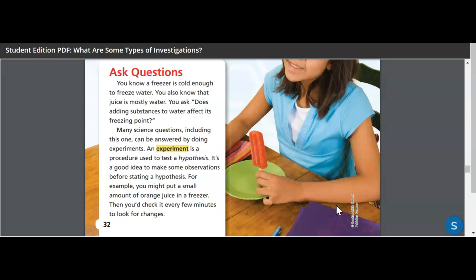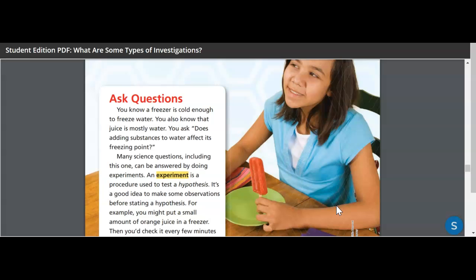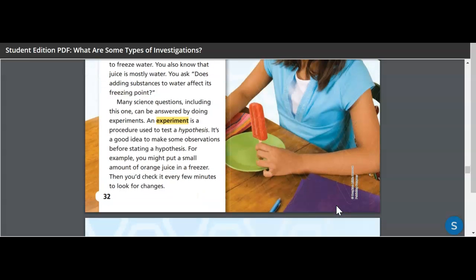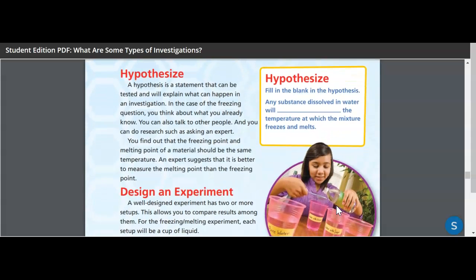So what this is doing is you're also pulling on prior information to see if what you're doing is testable and what might happen, right? So you know that her knowing that water freezes at 0 degrees Celsius is her prior knowledge and what she brings to the experiment. Hypothesize, very important.